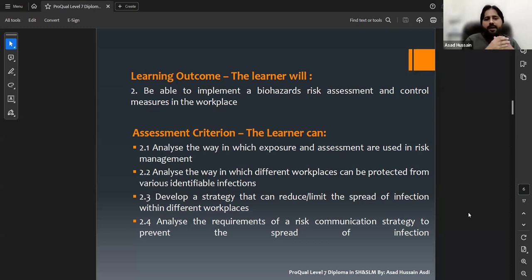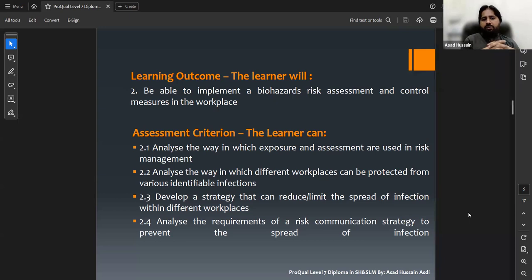Now, in 2.2, analyze the way in which different workplaces can be protected from various identifiable infections. You know very well that safety risks and hazards were covered in the first assessment criteria, but still, there are many health hazards present at different workplaces due to different circumstances.